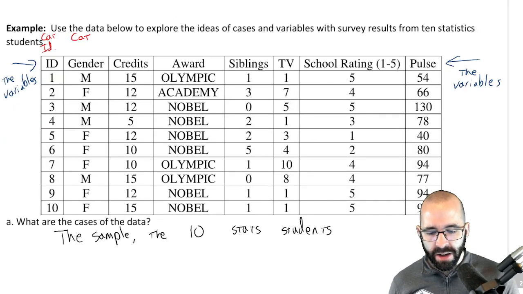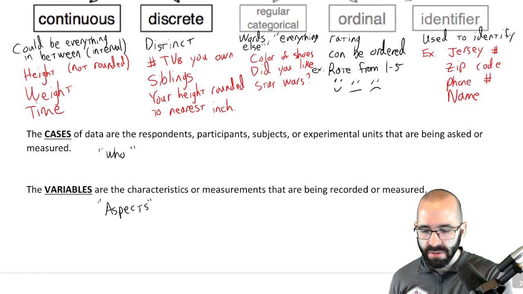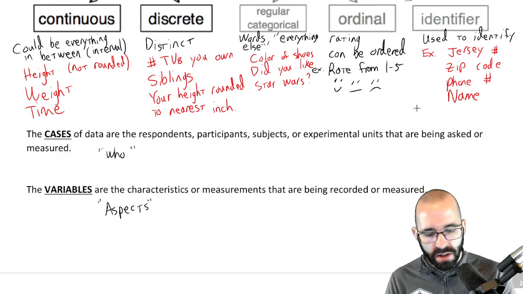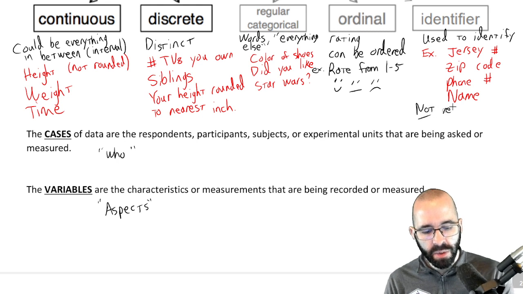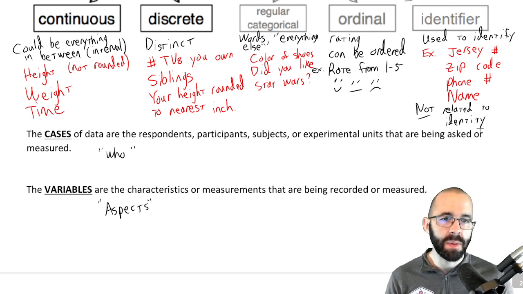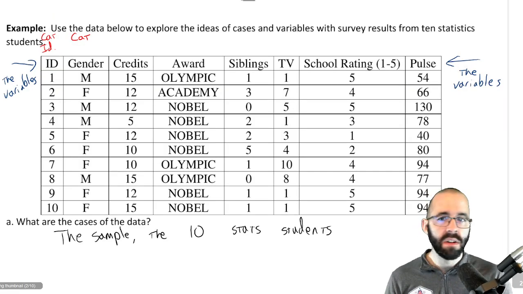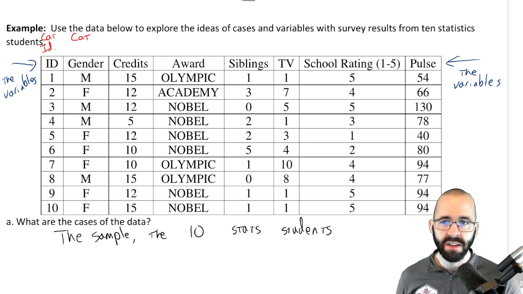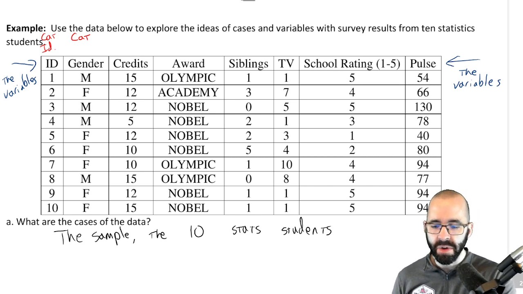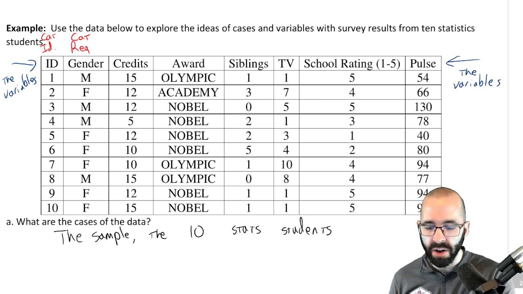But identifier variable, this is a good distinction: identifier is not related to identity. Yes, your gender is related to your identity for most people, but that's not what identifier is going for. It's used to identify them. And your gender is not a useful way to identify someone, right? We have 10 students here. This is not going to identify them. So this is going to be regular categorical.